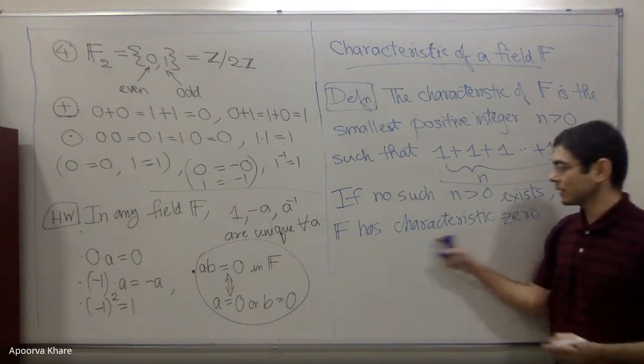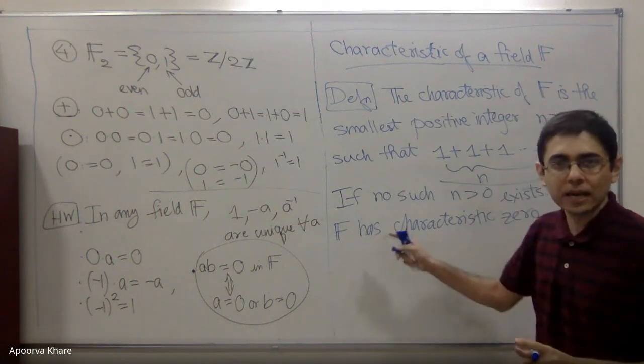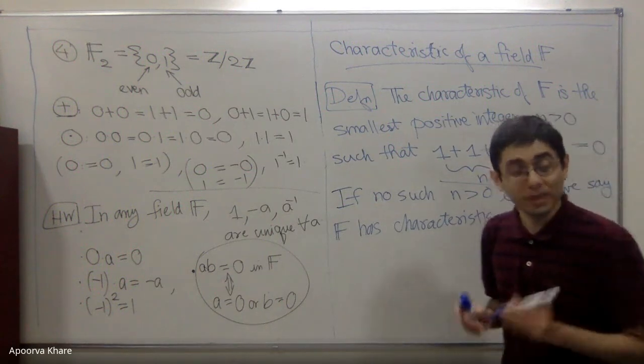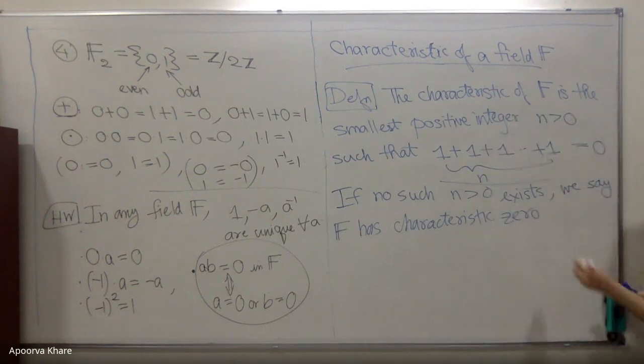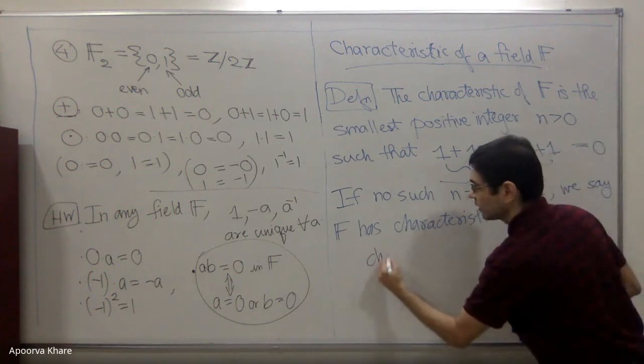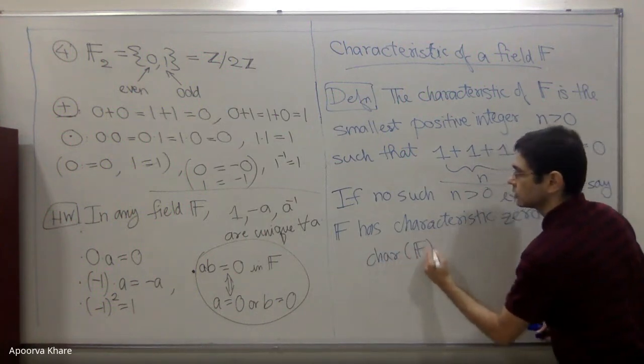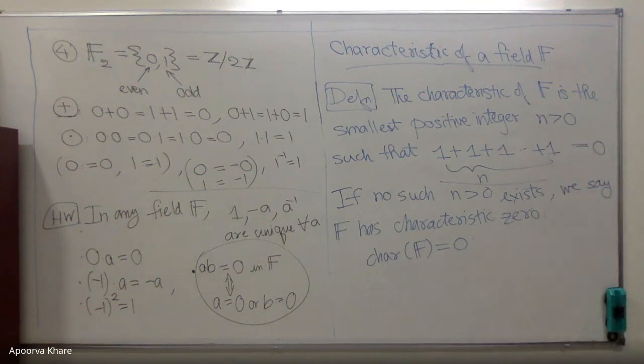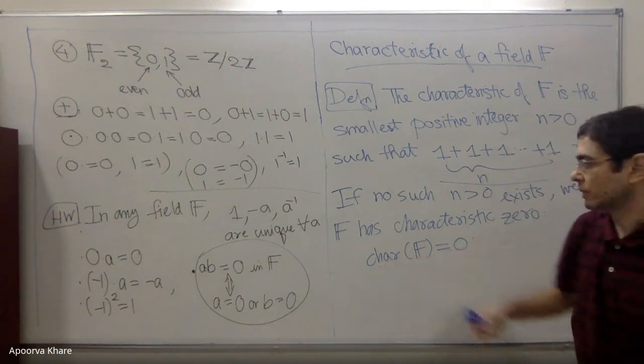This is the last time I think in the course that I will write the word characteristic, until we get to the characteristic polynomial of a matrix. But for now, this is it. After this, I will just say char F equals 0. Okay, so the characteristic is denoted by char.